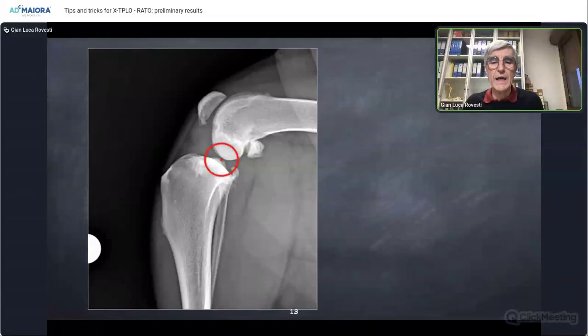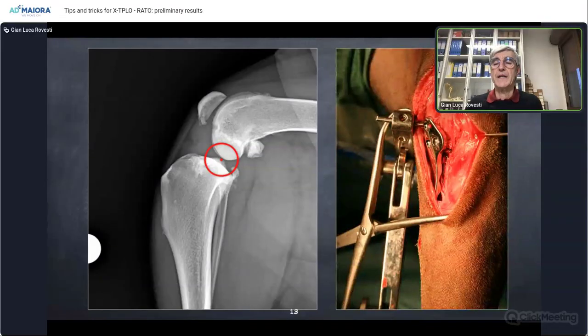And this means that we absolutely cannot put a 3mm pin in the center of the joint, because we are disrupting this joint. So we need another point of insertion of this pin. So what I mean is, this is the proximal pin of the jig, and this is the jig, okay?